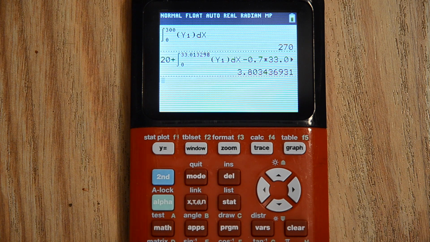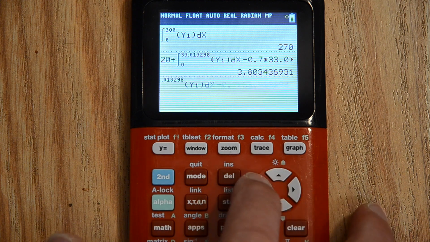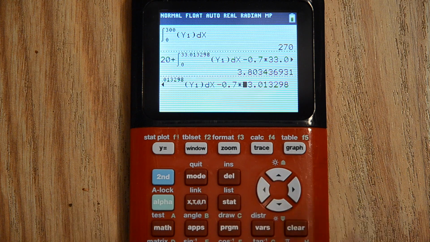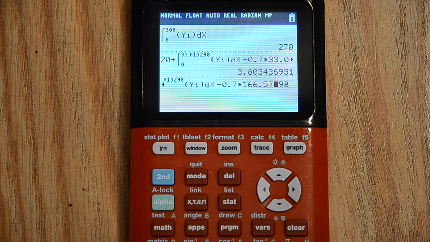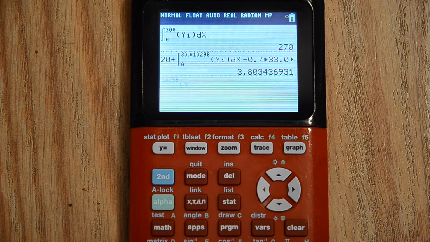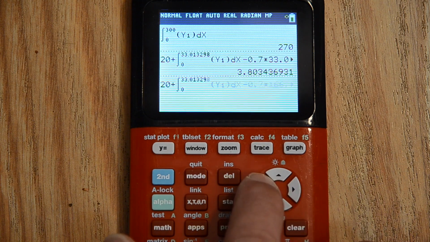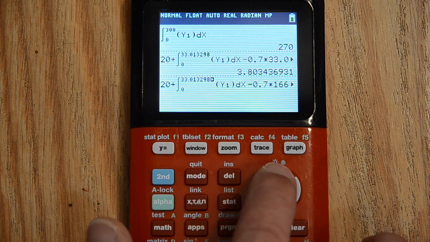And then to change this to the second time period, you can just hit second entry, pull that up, and change these time periods, which honestly maybe that would have been easier just to type it all over again, but 166.574719, changing the time period up here for the definite integral.